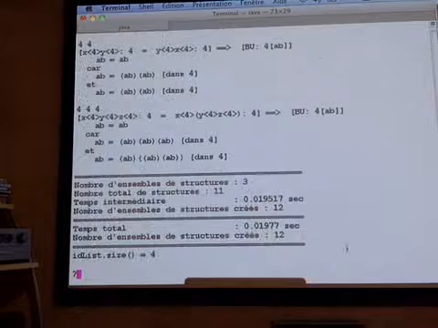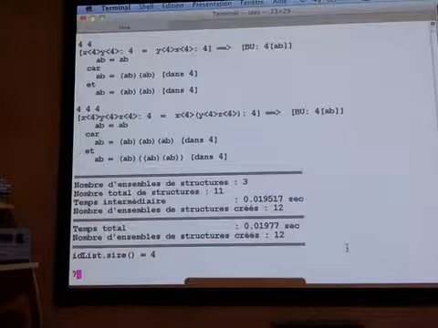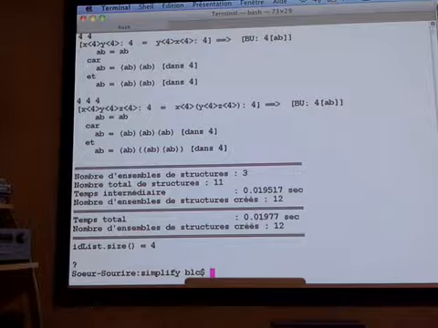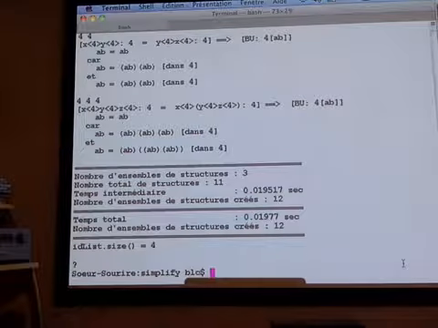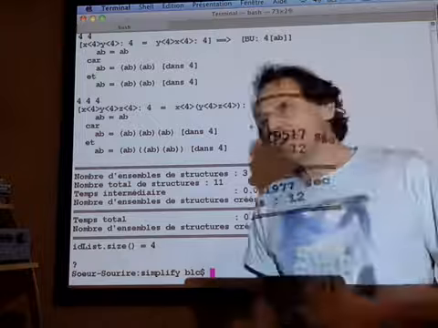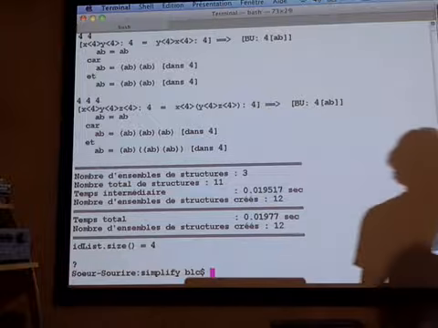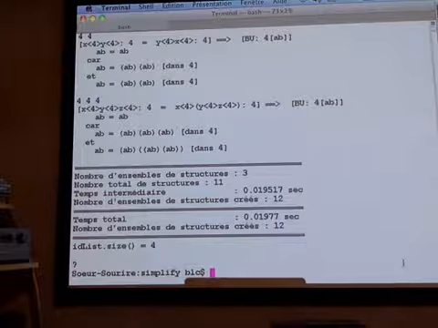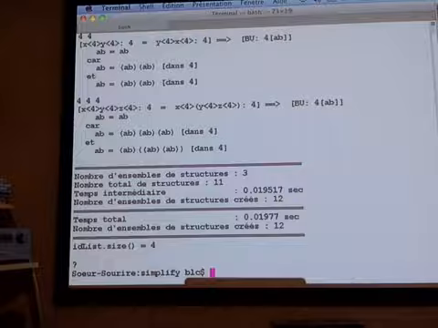Okay. So now we will apply this for Boolean expressions. So I consider a set of axioms for Boolean expressions.